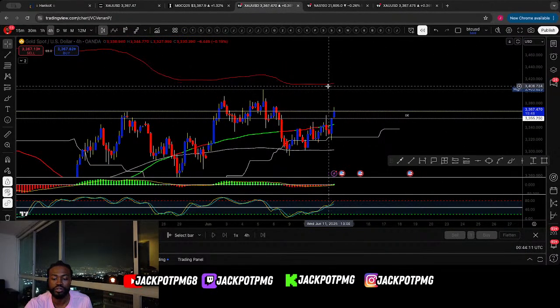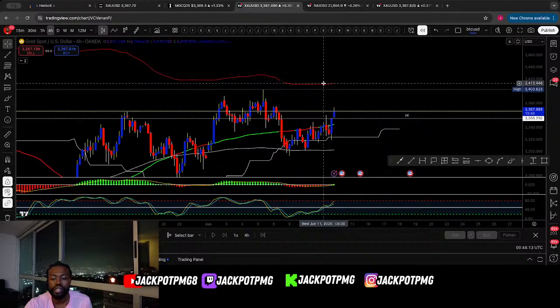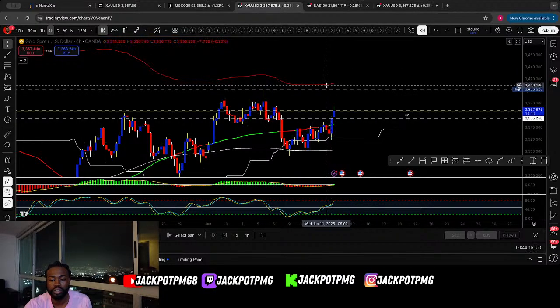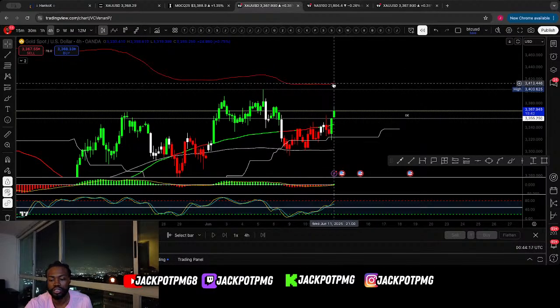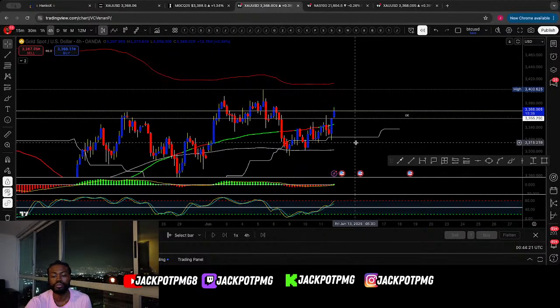So the H4 top Bollinger Band is going to be the take profit zone where price is going to fully reach and give us a long-term take profit for a swing trade.